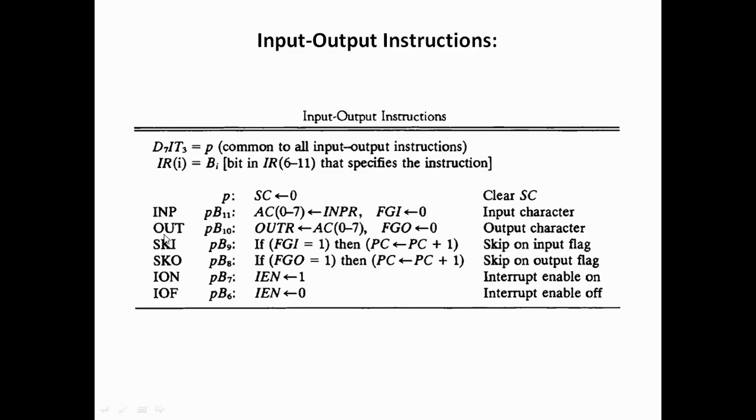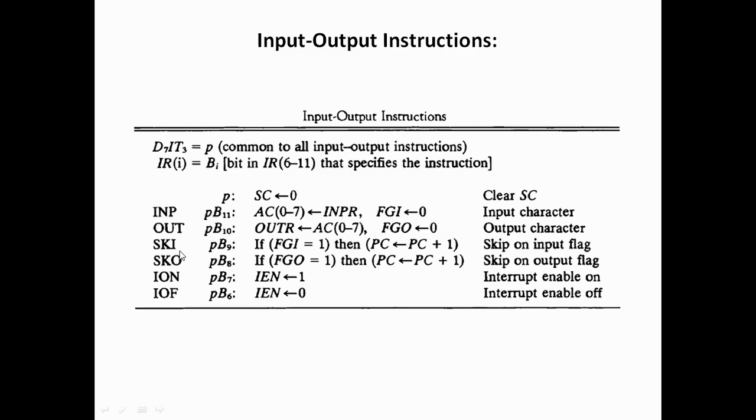Now if output is to be done, for example sent to the printer, then one character from AC will go to the output register. Fine. And then the output flag will be reset.